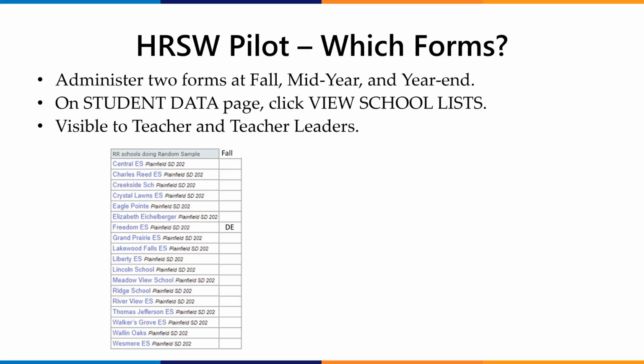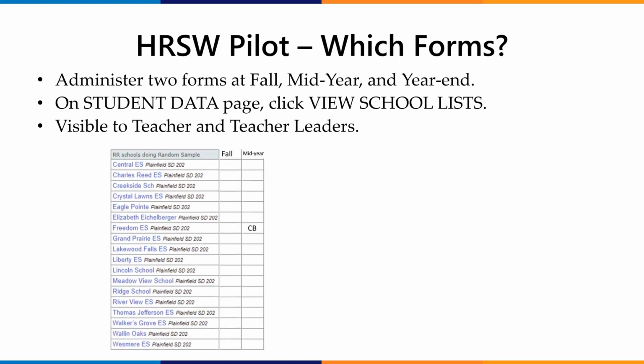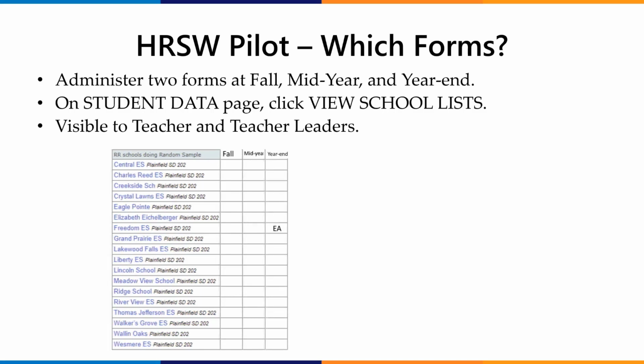Each student is tested with Form D and Form E. Then around the middle of the school year, we'll enable this mid-year column, and your teachers will know to use Forms C and B, at least in this example, to test each of their students. Finally, near the end of the school year, we will have you bring up the year-end column, and in this example, the teachers will use Forms E and A to test their students. So you and your teachers will be able to see that.